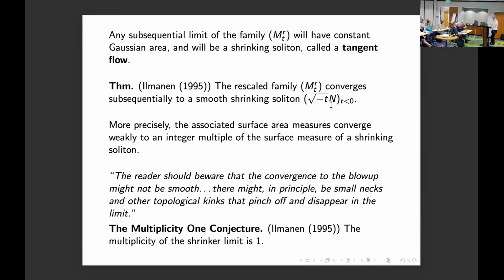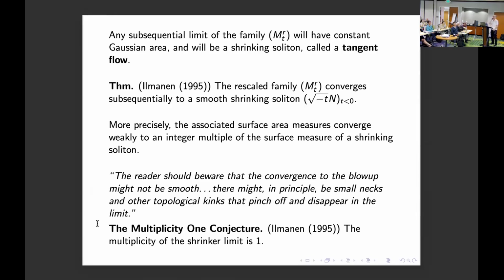Okay? So Ilmanen emphasized here, right, that the reader should be aware that the convergence to the blowup might not be smooth, so there might in principle be small necks and other topological kinks that pinch off and disappear in the limit. Right? So that was consistent with what he was able to prove, but at the same time he conjectured that the shrinker limit actually had multiplicity 1.